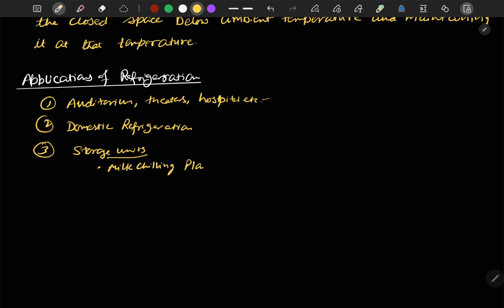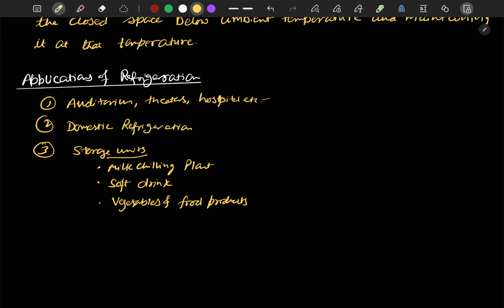Another example is drink storage, soft drinks. Next we can also talk about vegetables and food products. So these are a few applications of refrigeration.